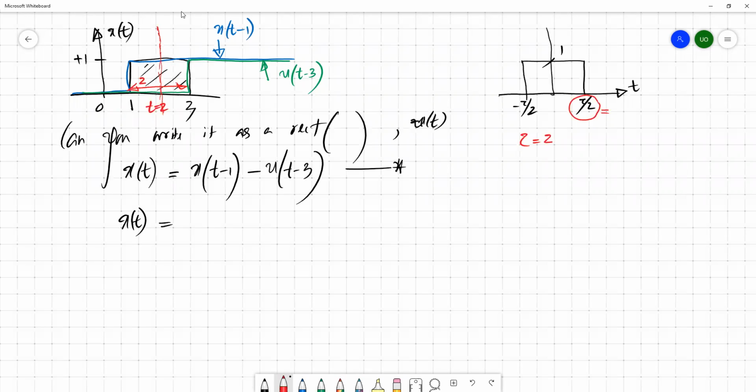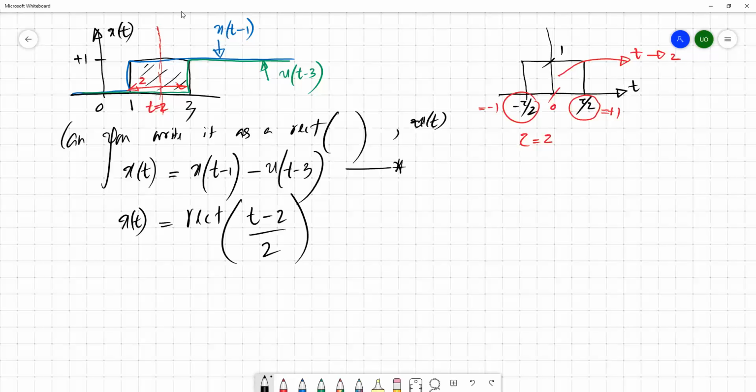So this is 1, this is minus 1, and this is 0. This rectangular pulse is shifted to 2, so the zero point moves to 2. So we can simply say that the original rect function is shifted by 2 units.